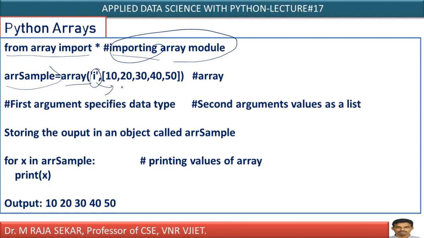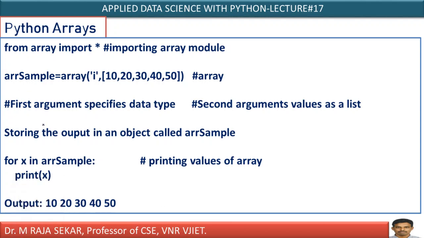I means integer. The second argument is a list of integers. This function will create an integer array and return it. That returned integer array gets stored in an object known as array sample. Now you have an array in the array sample object.